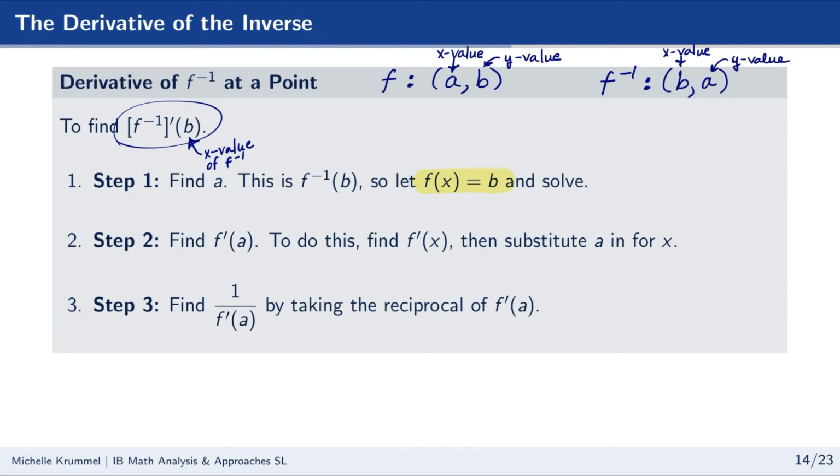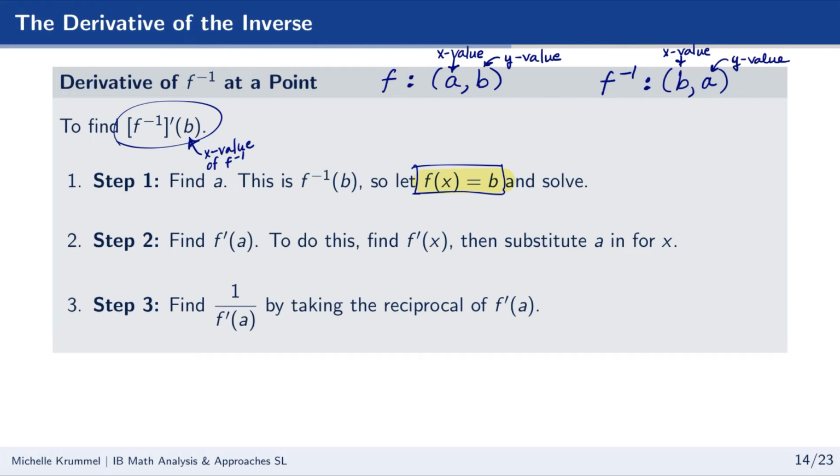And if it's the x value of f inverse, that automatically makes it the y value of f. Okay, so that's why we set f equal to b, because b is the y value, not the x value. So that's a common mistake that people make right away in step 1, is they want to substitute b into f of x, and that will not work, because b is not an x coordinate in the graph of f of x. It's actually a y coordinate on the graph of f of x.